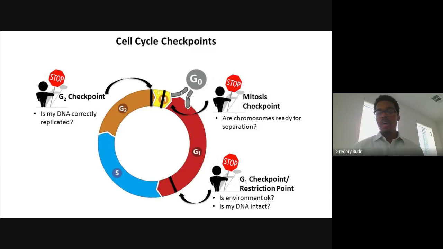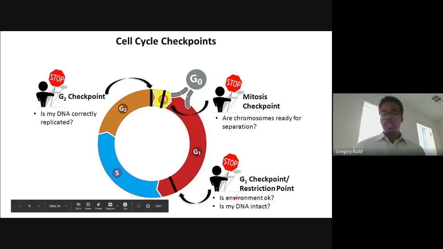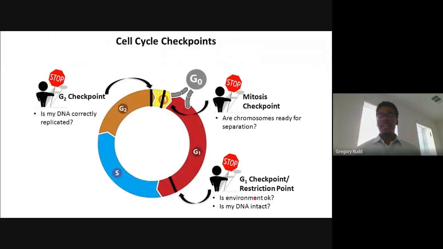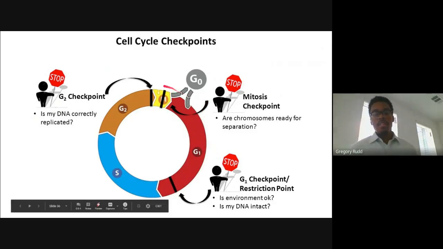So again, here's some of the questions that the cell might ask itself. Of course, this is all in the DNA as it moves through the checkpoint. So at G1, is my environment okay? So is it too acidic or is it too basic here, or am I good to go? Is my DNA intact? If my DNA is damaged, then I don't want to copy it because it's already messed up. And we get over here to the G2 checkpoint. Has the DNA been correctly replicated?